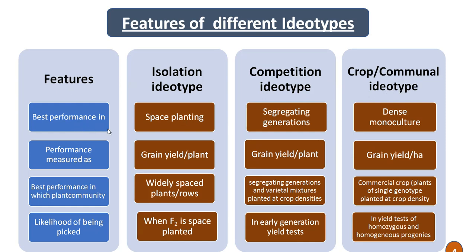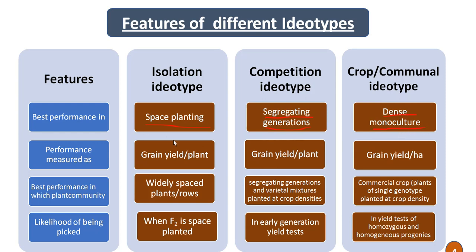As we saw earlier, these different types of ideotypes perform in different conditions. Isolation ideotypes perform best in space planting, while competition ideotypes perform best in segregating generations like F2 and onwards, which is a heterogeneous generation. Then crop or communal ideotype performs best in a dense monoculture, means plants of the same species.